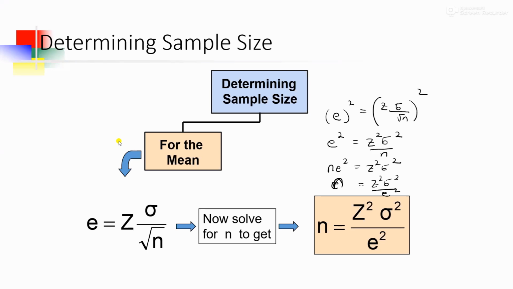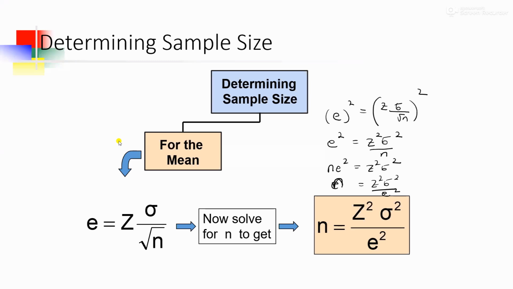So Z, based on the level of confidence, we can decide from the standard normal table. Then sigma is the population standard deviation, which we can get from the problem. Then E also we have to decide, to what extent we are allowing.